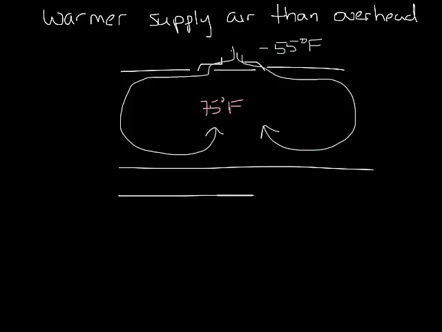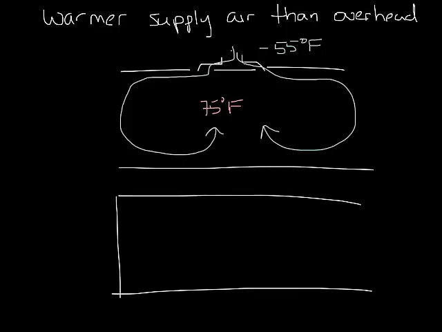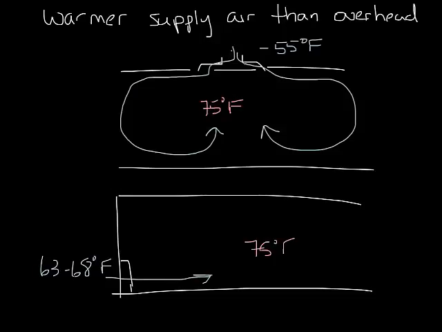In underfloor systems and displacement ventilation systems, the supply air goes right into the occupied zone, so you don't need to start as cold. Displacement ventilation systems use 63 to 68 degree supply air to get that same 75 degree space. If you don't have to cool the supply air down to 55 degrees to dehumidify, this can result in energy savings.